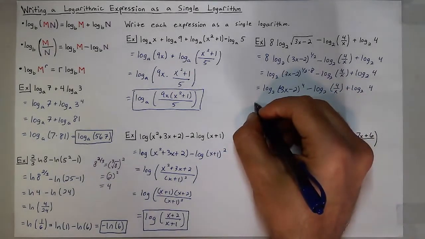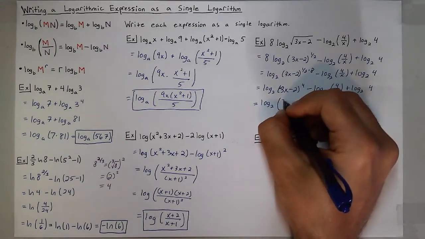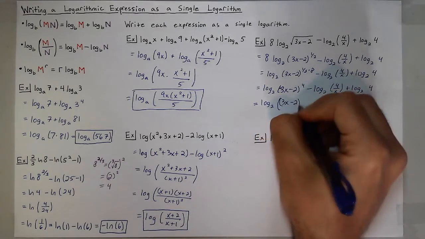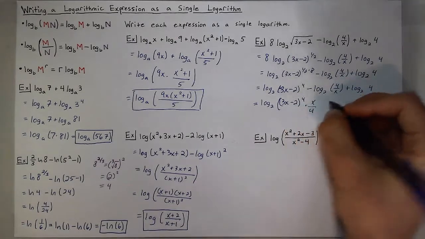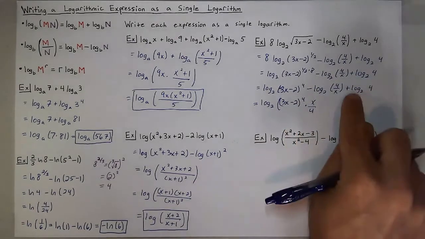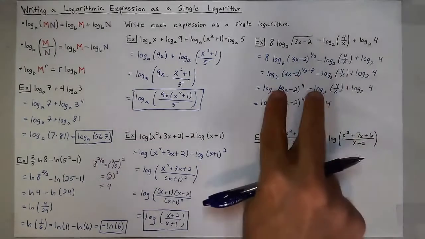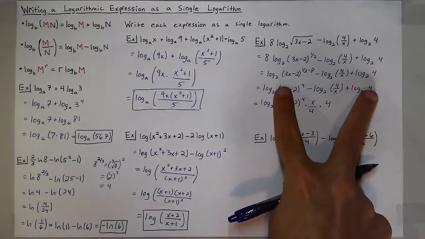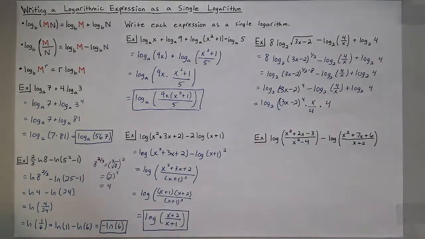So I have log base 2 of (3x minus 2) to the 4th times x over 4. And since I'm adding that last one, I can also multiply by 4, since they all have the common base. So the minuses I divided by, while the ones I was adding just stayed in the numerator. And that division caused me to use the reciprocal.